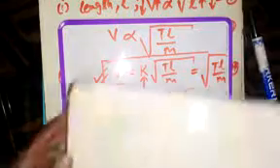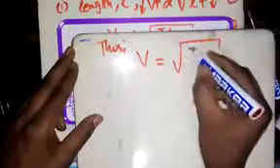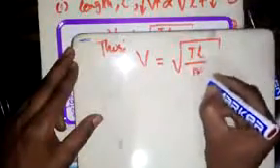But this is not the only equation we can have. We can also try to deduce this equation. We have said V equals under root of tension L over M. We can write this equation as follows.